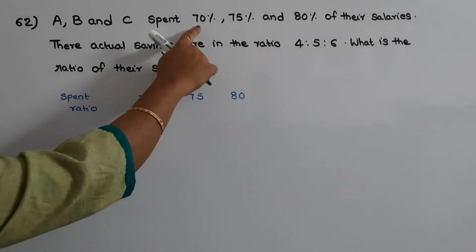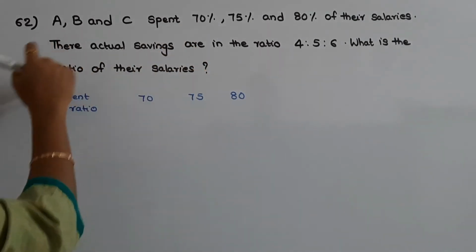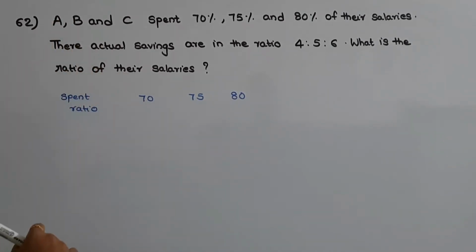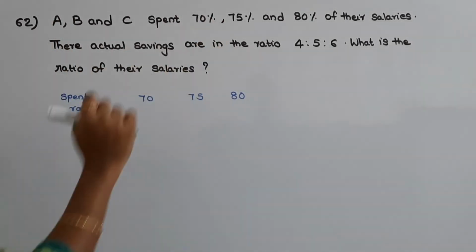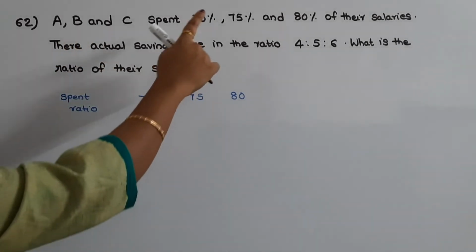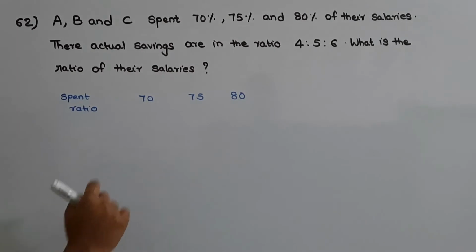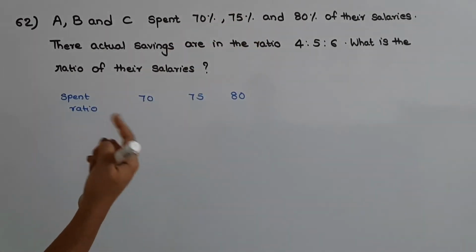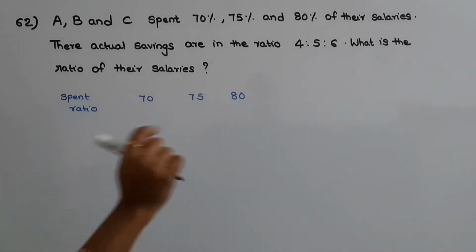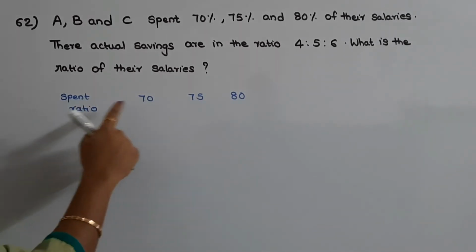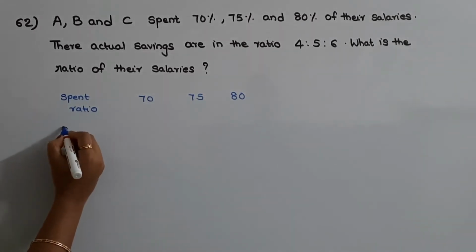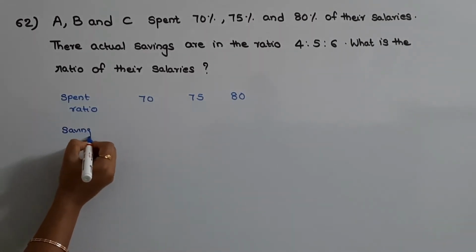If 70% of the salary is spent by A, then 30% of the salary is saved by A. If 75% of the salary is spent by B, then his savings in terms of percentage will be 25. And if 80% of the salary is spent by C, then his savings in terms of percentage will be 20.